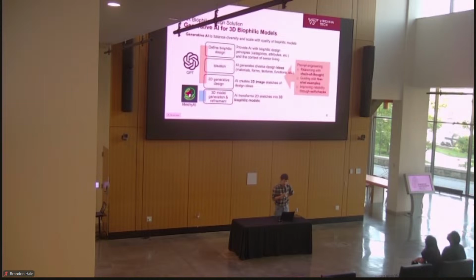Because we want to really balance the diversity and scale of the biophilic design models versus the quality of the model, we choose to use generative AI for the 3D models.